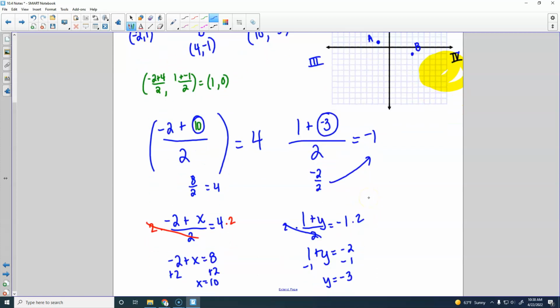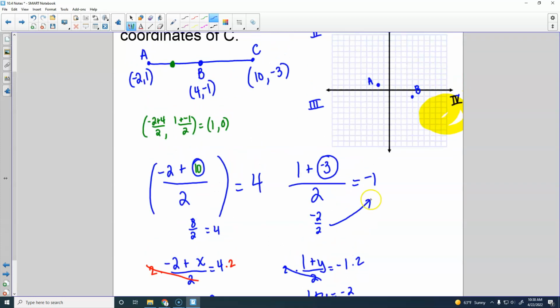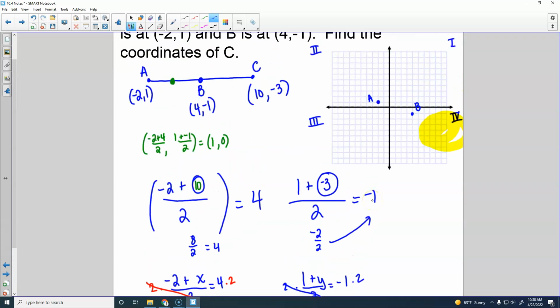Here's a couple more options for you. Another thing that we could think about is we could think about this from the graph, right? So to get from A to B, I'd have to go down 2 and to the right 1, 2, 3, 4, 5, 6. So if I want to make that the midpoint, I would need to go down 2 and to the right 6 again, and that would give me this point right here, and the coordinates of that point are 10, negative 3.